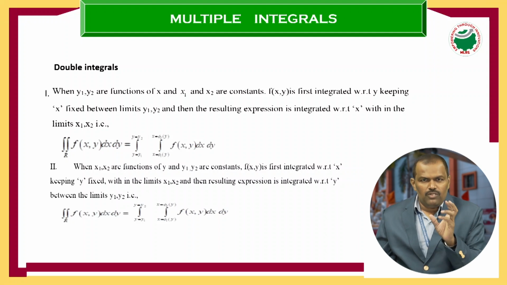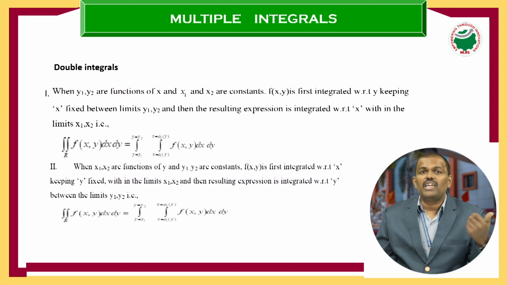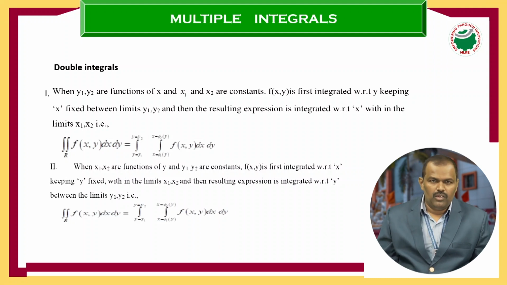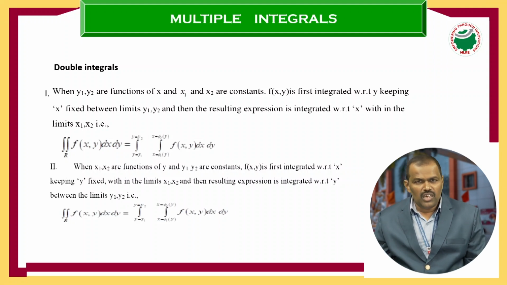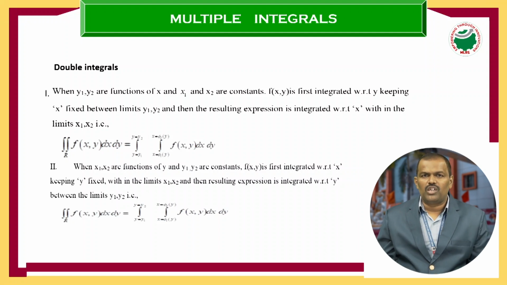So we integrate with respect to y first, keeping x terms constant, within the limits y1 and y2, and then the resultant expression is integrated with respect to x within the given constants x1 and x2.